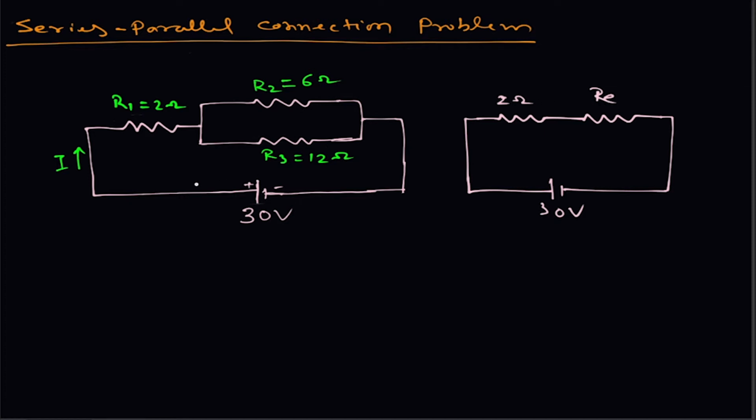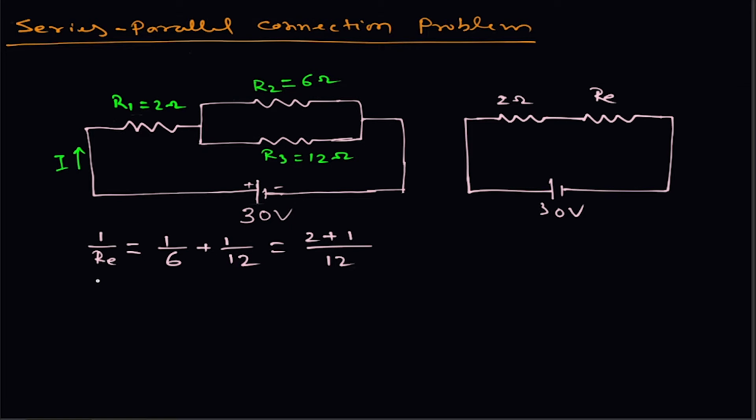First we should calculate RE. We know that they are related by this formula: 1 divided by RE is equal to 1 divided by R2 plus 1 divided by R3. R2 is 6 ohm and R3 is 12 ohm. In the denominator it is 12, so it will be 2 plus 1.